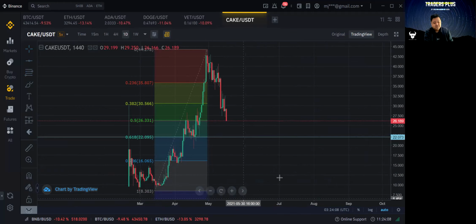Okay? So, pullback. So, short sellers can enjoy this, no? Short sell sa mga futures or sa margin. Spot traders, wait for the entry na buy dito sa 22.073. Then, tsaka yan pwedeng umakyat. Alright? So, this is our Cake.